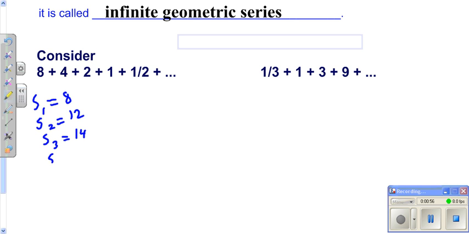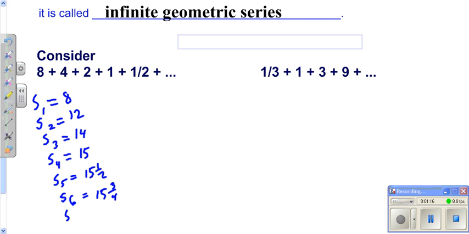Then we go and add the first four terms, S sub 4, and we would get 15. Go S sub 5 and we would get 15 and a half. Then the next term, if we did S sub 6, we would get 15 and 3/4.